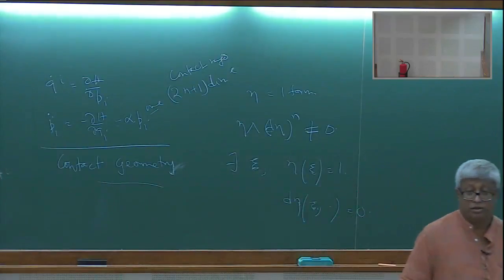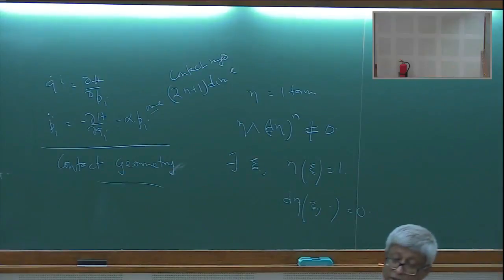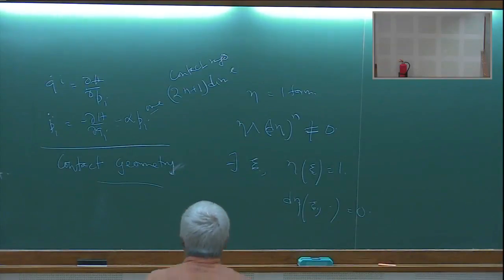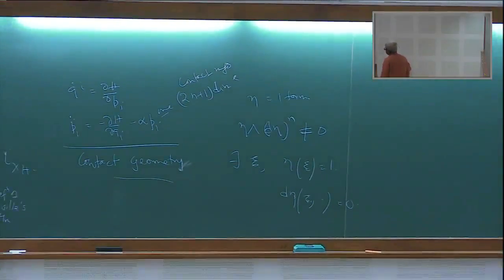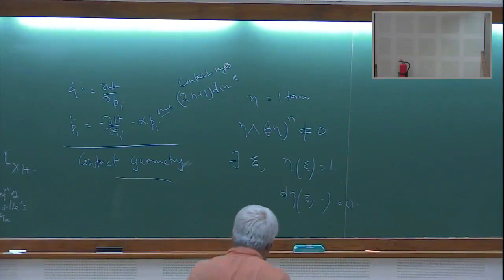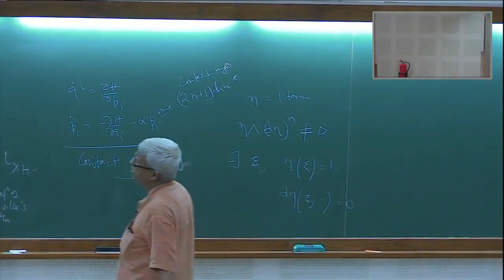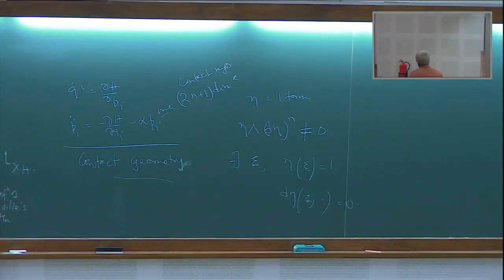Once I get ξ, I can write down the equations of motion. That's what I have to find out. In fact, all time-dependent Hamiltonian systems, thermostat problems, and many other systems are actually coming from this kind of construction. It's the first thing that you encounter when you have a non-conservative force.